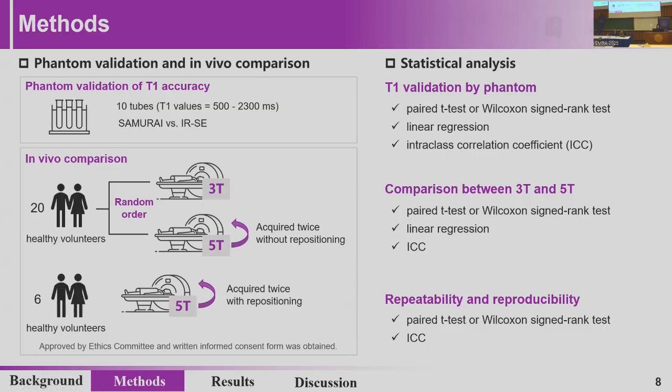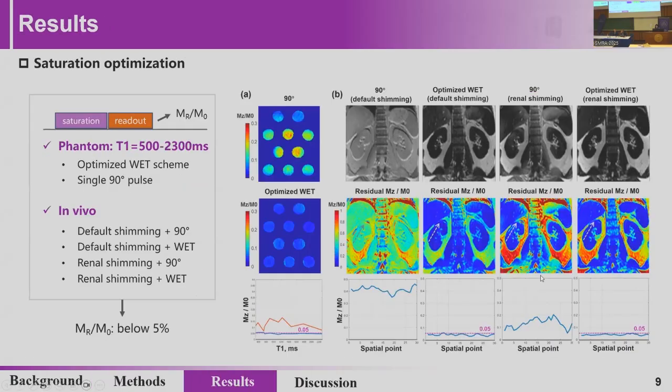Additional 6 healthy volunteers were scanned twice with repositioning at 5T. For the statistical analysis, we compared the measurements and also the agreement between 3T and 5T.